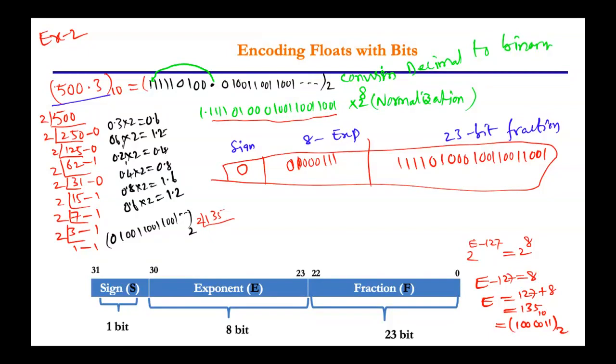So this total is 32 bits for encoding of the floating point number 500.3. Okay.